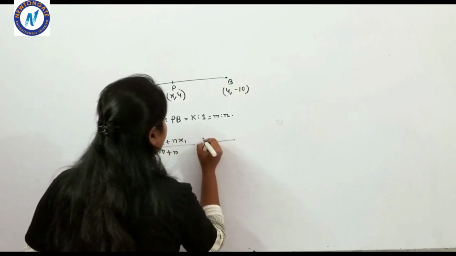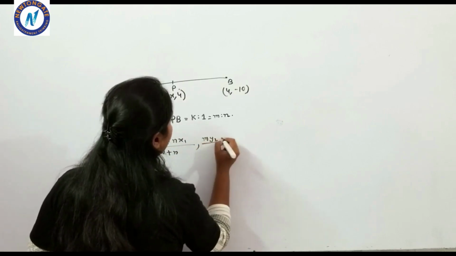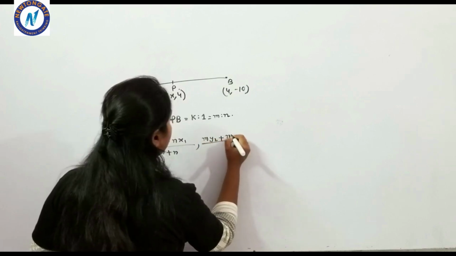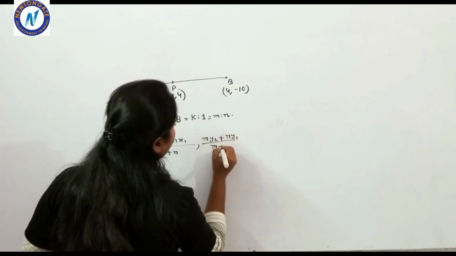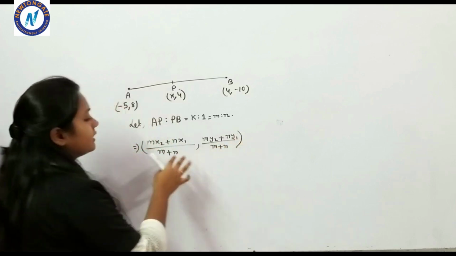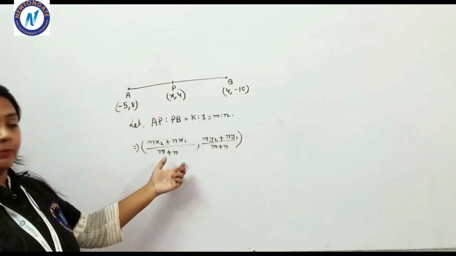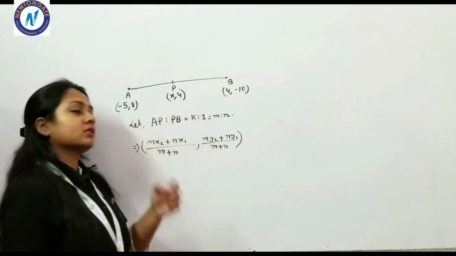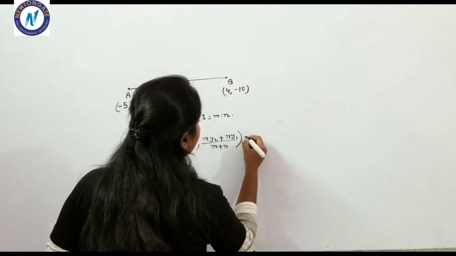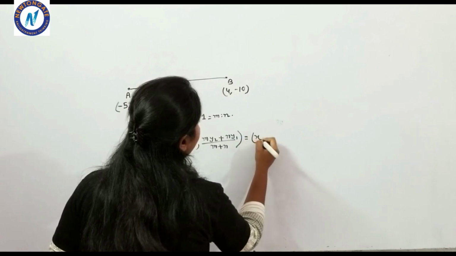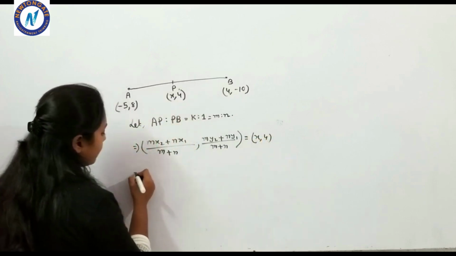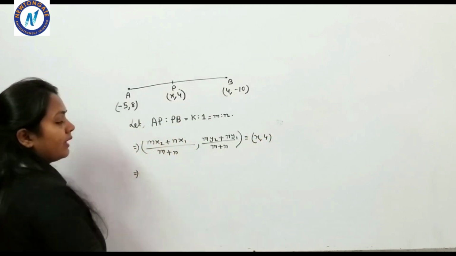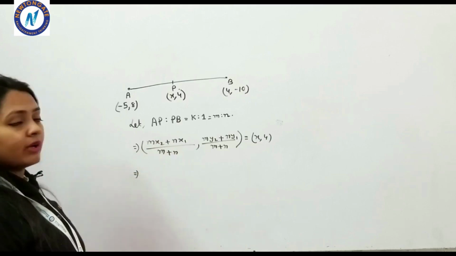comma, (m y2 plus n y1) divided by (m plus n). This is the coordinate of P, and according to the problem, the coordinate of P is (x, 4). Now we put the value of m, x1, x2 and y1, y2.